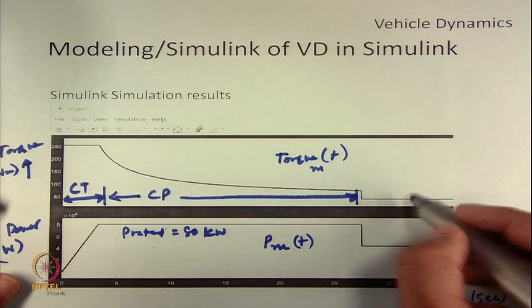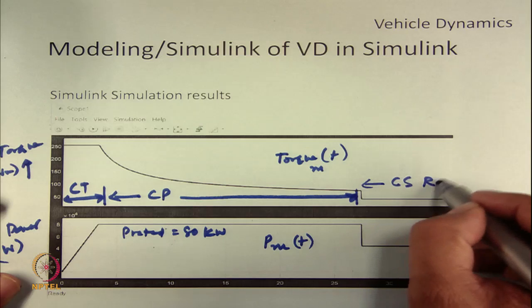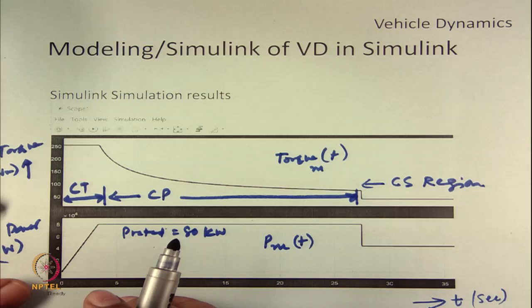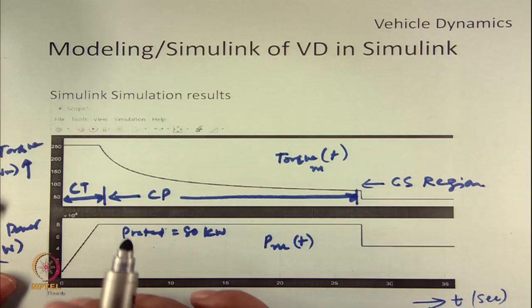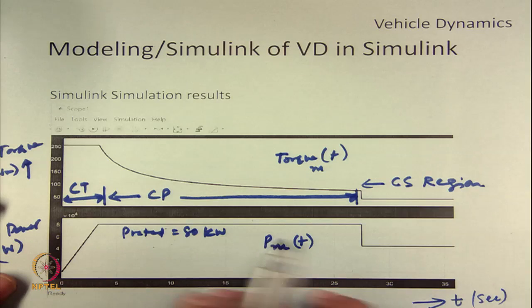So, this region is constant speed. So, you can see that it is very easy to do the mechanical block simulation in Simulink, and we can get very nice results.